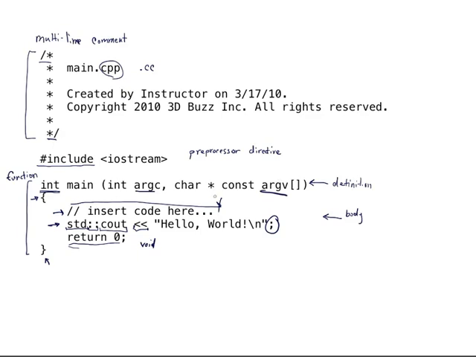Int and char star, the char star array, are the important pieces, but I digress. And then the other way that you might see it is int main. Those are the only two standard ways to define the main function in C++.